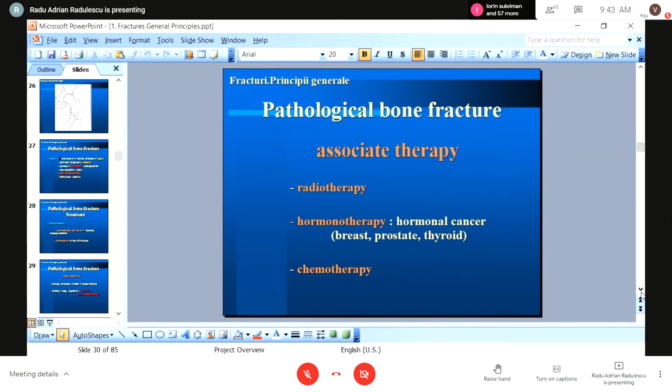So it's a complex treatment, like I said before, in order to obtain the union of the bone after this type of fractures. It is more difficult than in normal fractures.